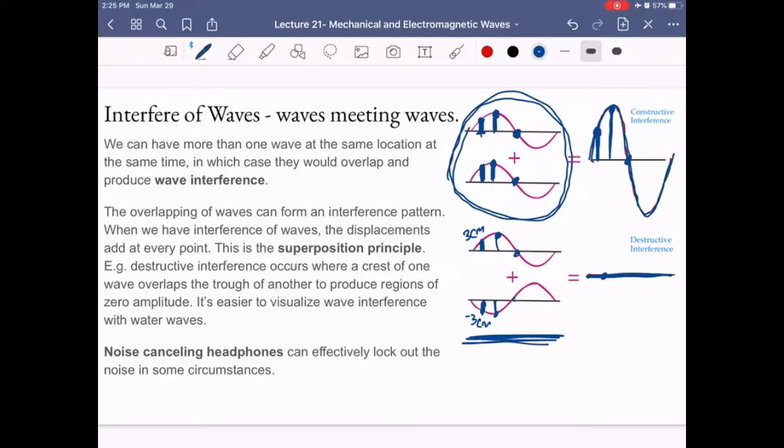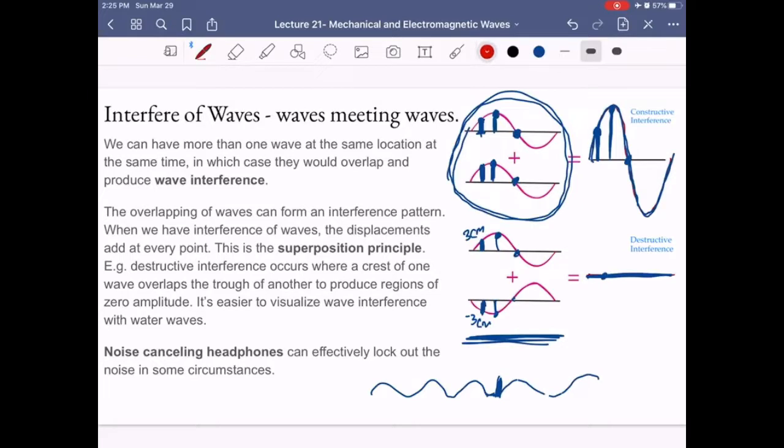This is really how, for example, noise cancelling headphones function. All headphones more or less cancel some noise from surroundings, but noise cancelling headphones are designed to have a microphone in them, and I'm guessing this microphone detects the incoming wave from the surroundings and creates a wave.